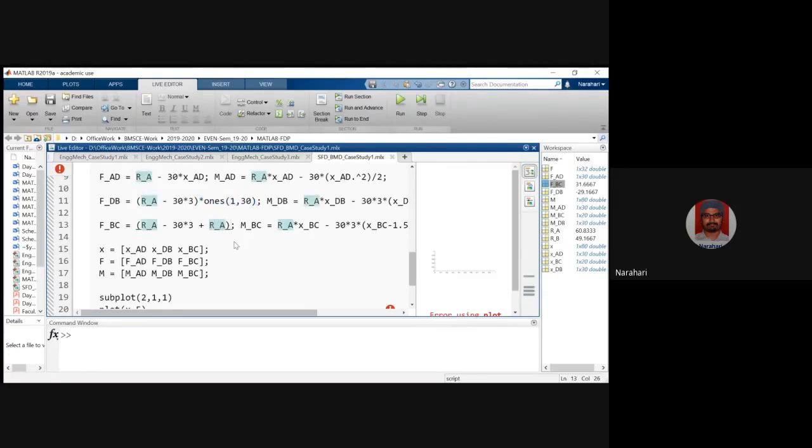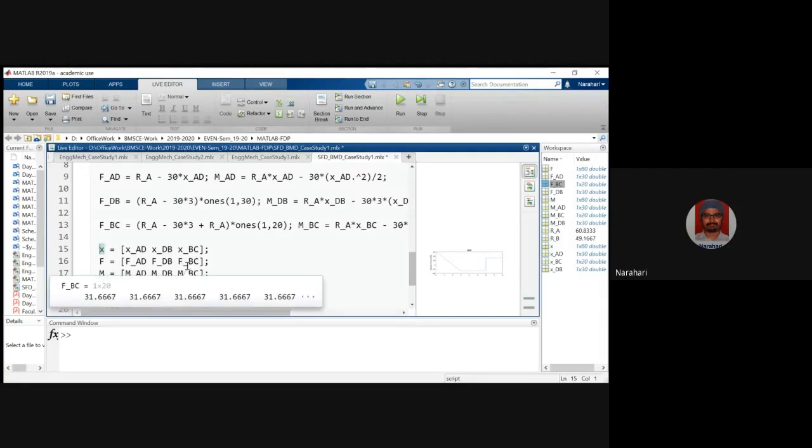So now you can see here, I'll just copy paste, this is 20. Now if I run this code again, that error will disappear. You can see here, now this is same 1 cross 20 as this one, 1 cross 20. Similarly, this is 1 cross 30. This is also 1 cross 30. Is it clear now?